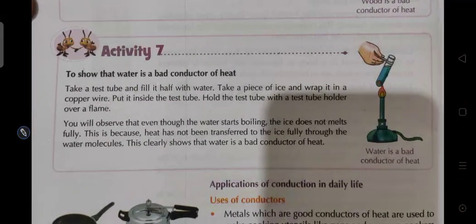Now activity number 7, to show that water is a bad conductor of heat. Water is also a bad conductor of heat, but how? Take a test tube and fill it half with water. Take a piece of ice and wrap it in a copper wire. Put it inside the test tube.